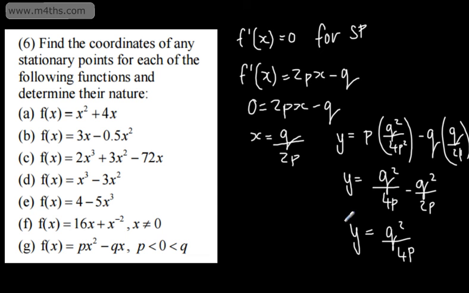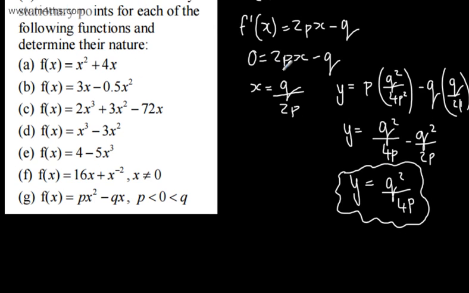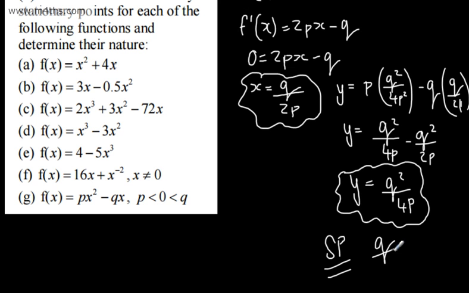So there we go. That's what we've got. Now, in terms of determining the nature, that's the x-coordinate, and that's the y-coordinate. So the stationary point, I'm pretty comfortable with that. Hopefully I've simplified it correctly. Q squared over 4p. So that's what we end up with.